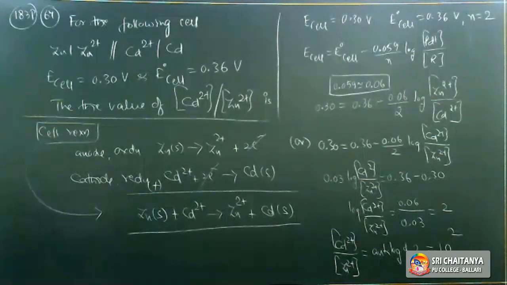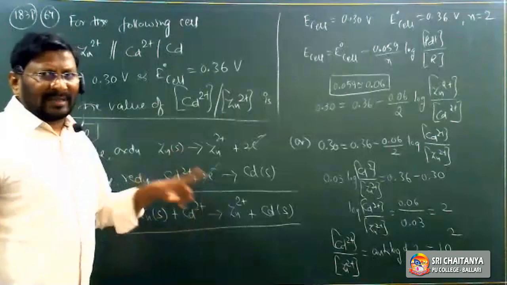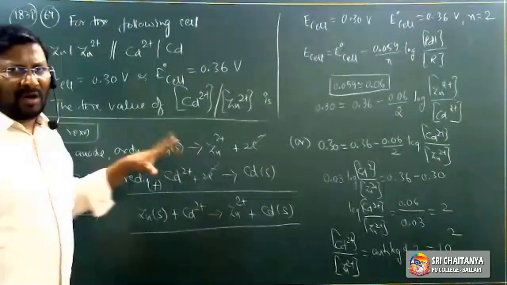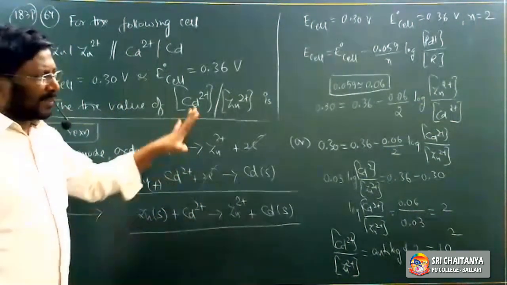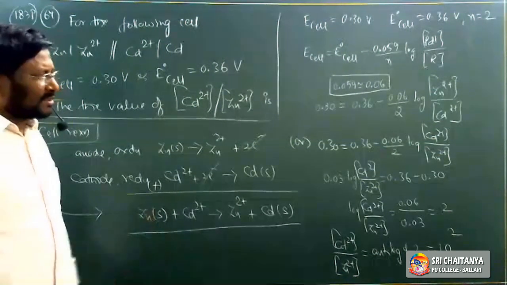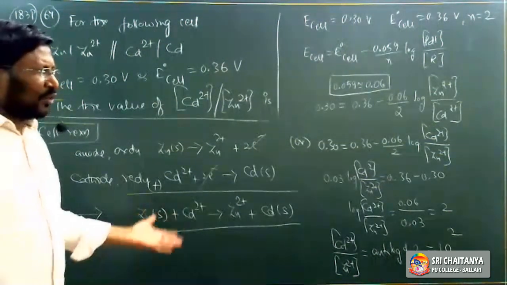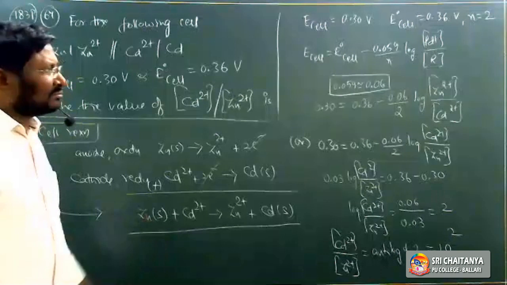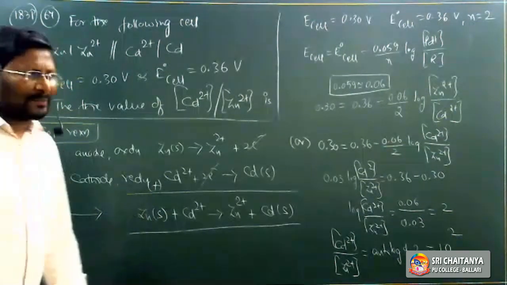So this is the way, remember. I told you earlier also, logs and antilogs, the 10 powers, how they will be. So take the screenshot. We can go to the next problem now.